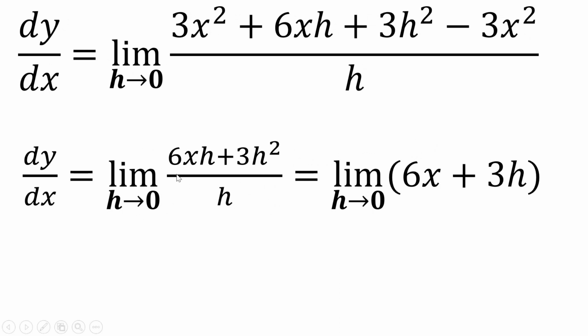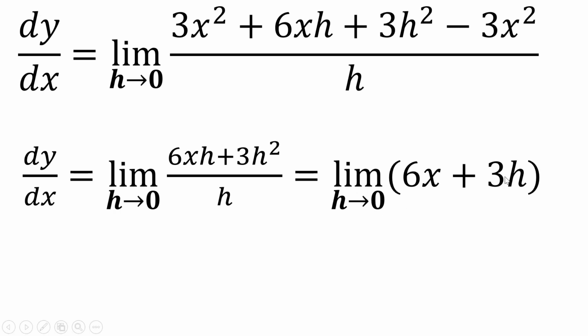So when we do that, when we divide each term by h, we are going to get 6x plus 3h. Now, this is where we are. Let's apply the limit. By applying the limit, we are saying that where we see h, we put 0 there.